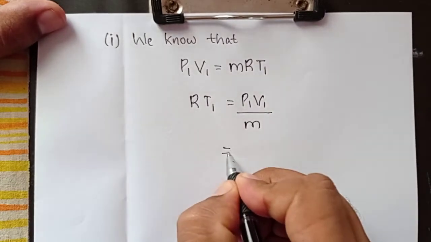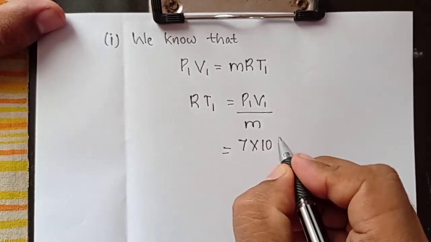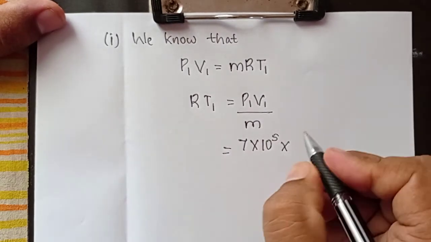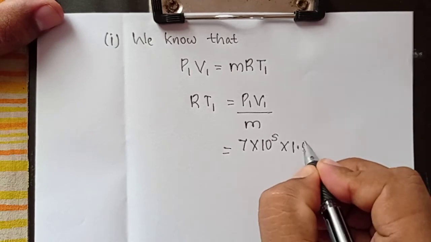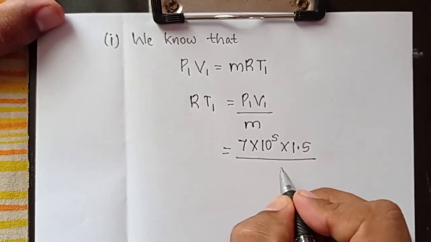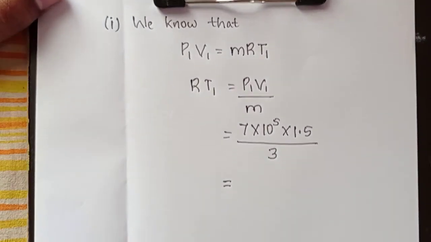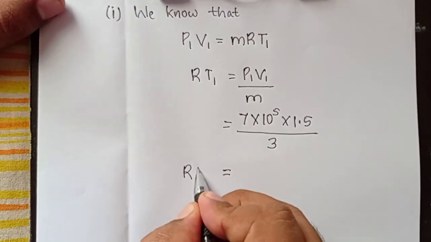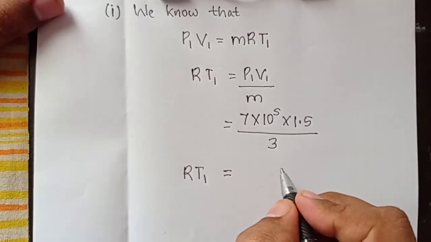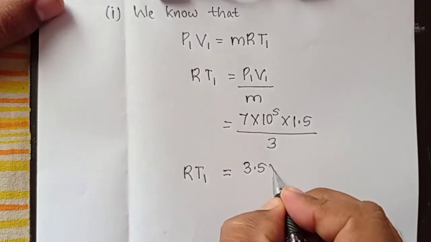P1 is given to us, it is 7 into 10 to the power 5 Newton per meter square. Volume is 1.5 meter cube, divided by mass 3. Divide this, and you will get the answer for R T1 as 3.5 into 10 to the power 5.